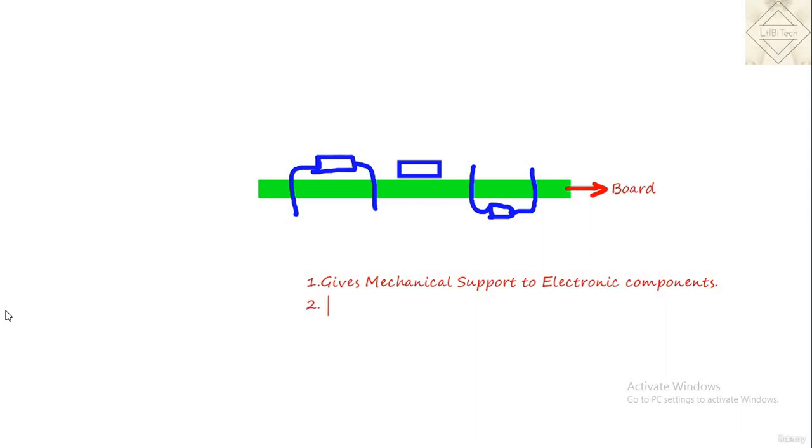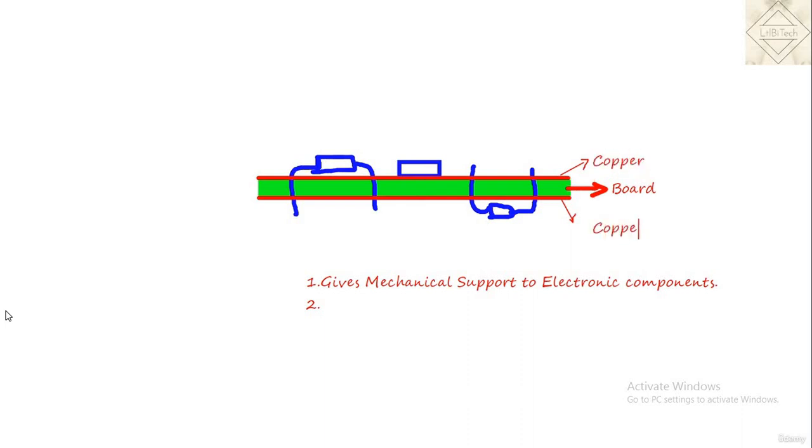how it gives the electrical connections. If you want to get the electrical connections, at least we need one copper layer. This is one copper layer, which is actually the print of your circuit. This is the print of your circuit on top and bottom. This is the top side layer, the top copper, and this will be the bottom copper. These are the conductive layers. Copper itself is a very good conductor of electricity.